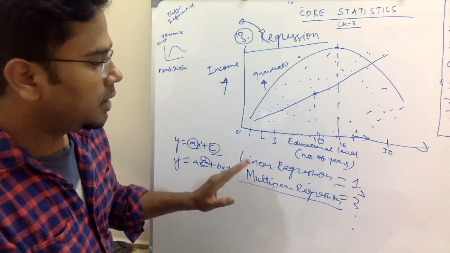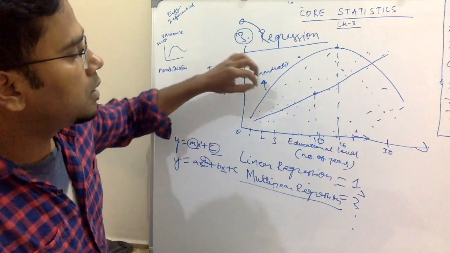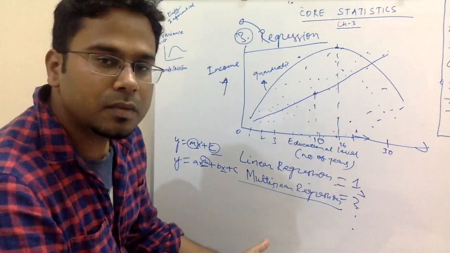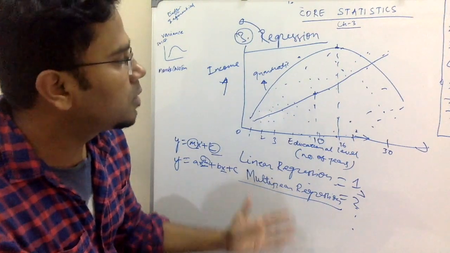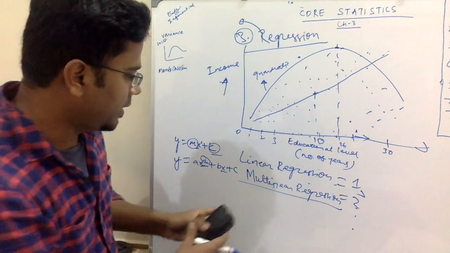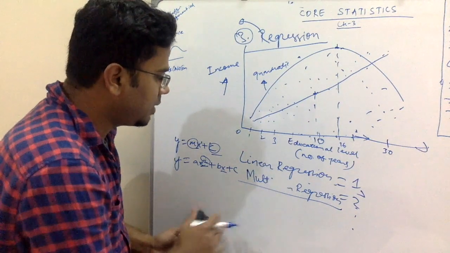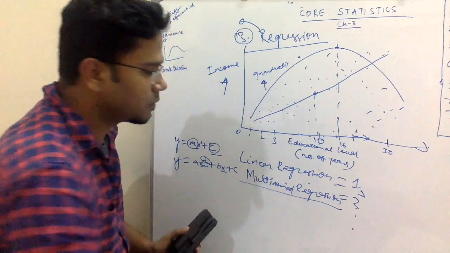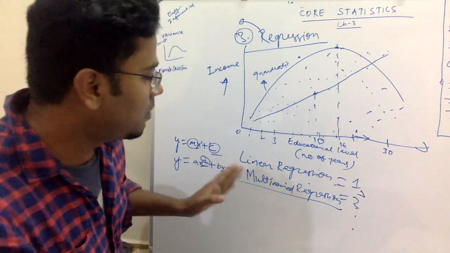Linear regression, multilinear regression means when the curve fit would not be a straight line, it will be multilinear regression, or not multilinear, what am I writing? Multinomial regression. Okay, sorry, multinomial regression.